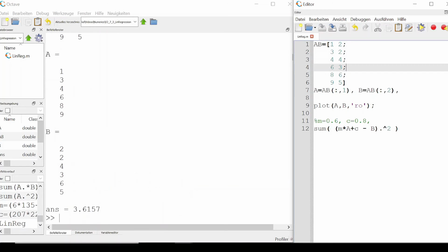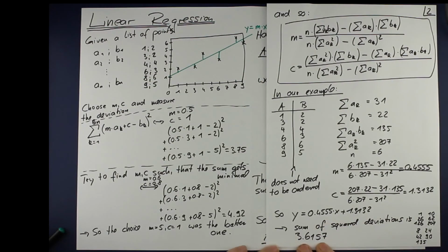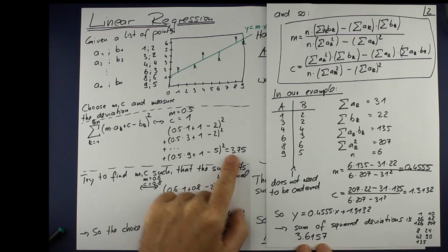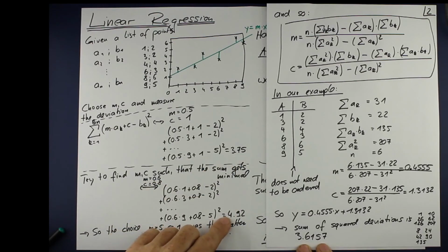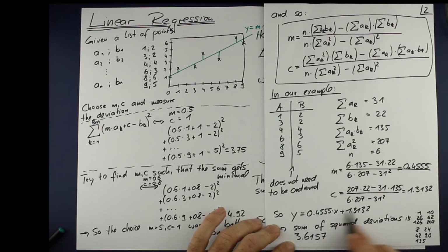So let's do that. And now the sum of the deviation is 3.6157. And this value is a little less than that value and much less than that value. And it's impossible to get closer to zero with whichever values you are choosing. These are the optimal ones.